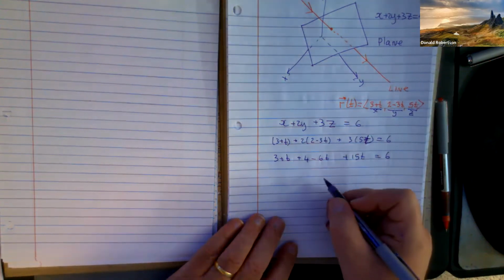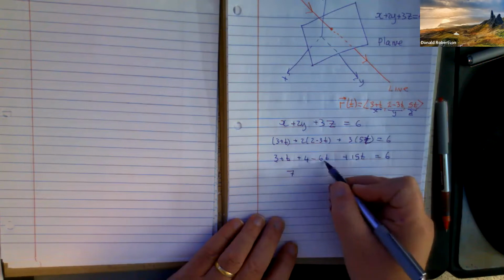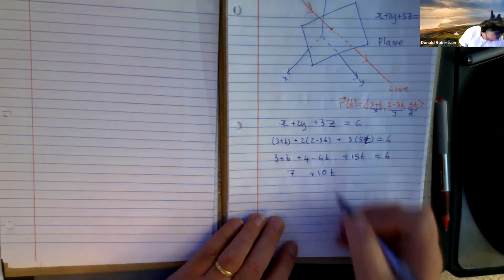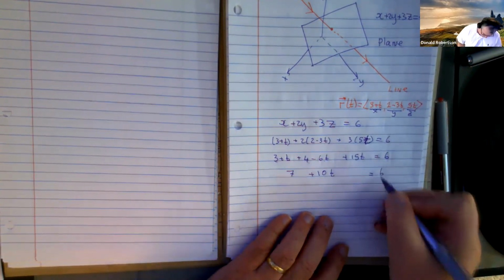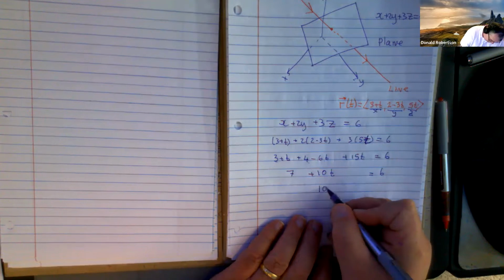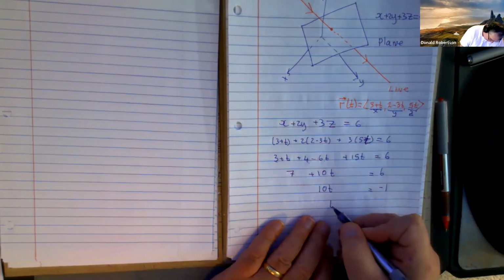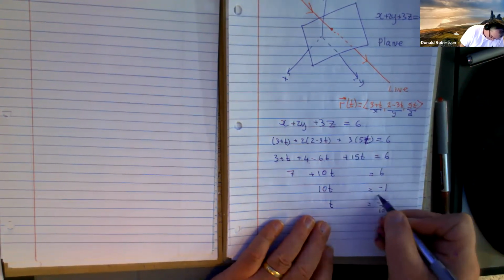And then if I collect like terms, 3 and 4 gets me 7. That guy and that guy, I believe, gets me plus 10t. Yep. And that guy there is still 6. Then I can subtract 7 from both sides, and then I can divide. And now I have what t is.